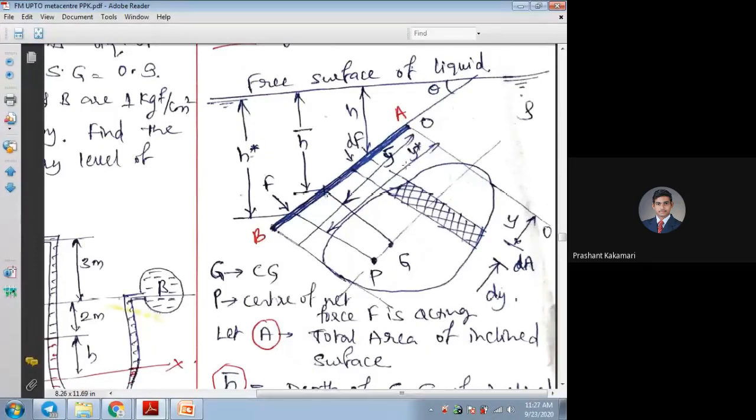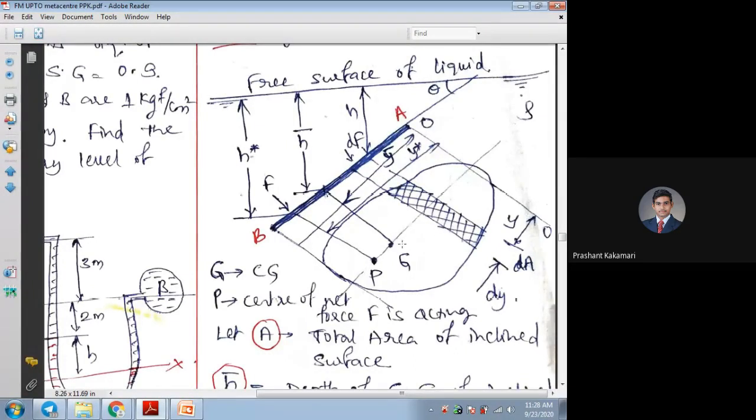Next, for this area, we have considered the head of water acting on this area as small h, at a distance of y. Similarly, whatever y distances you have taken, perpendicular to the water surface, I will call it h, the head, or z. So head h I have considered for the small area.